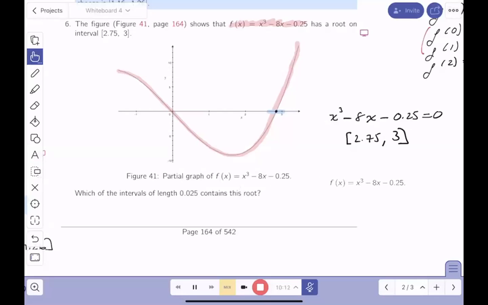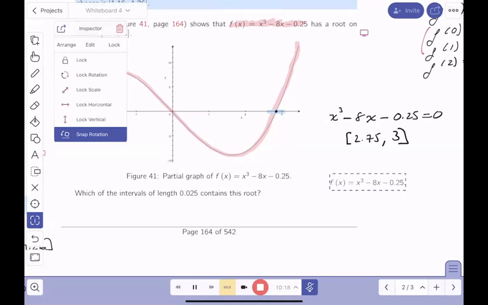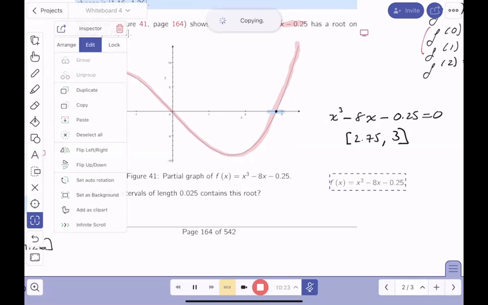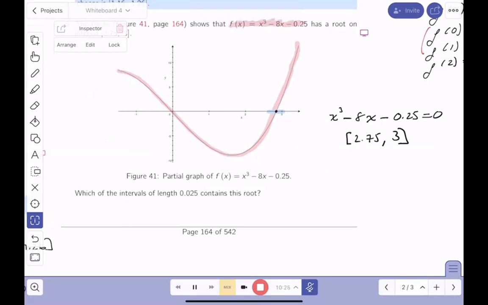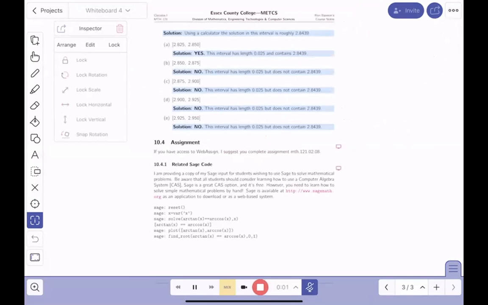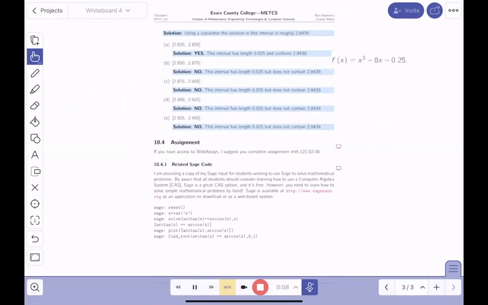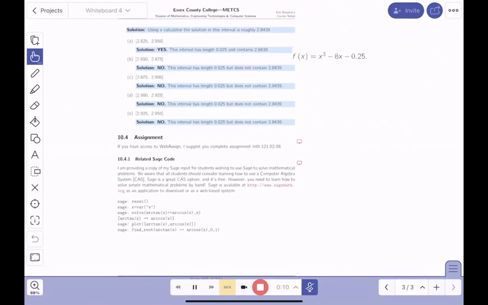All right, let me copy it. And let me go to the next page. Paste it in. And I know it's difficult.